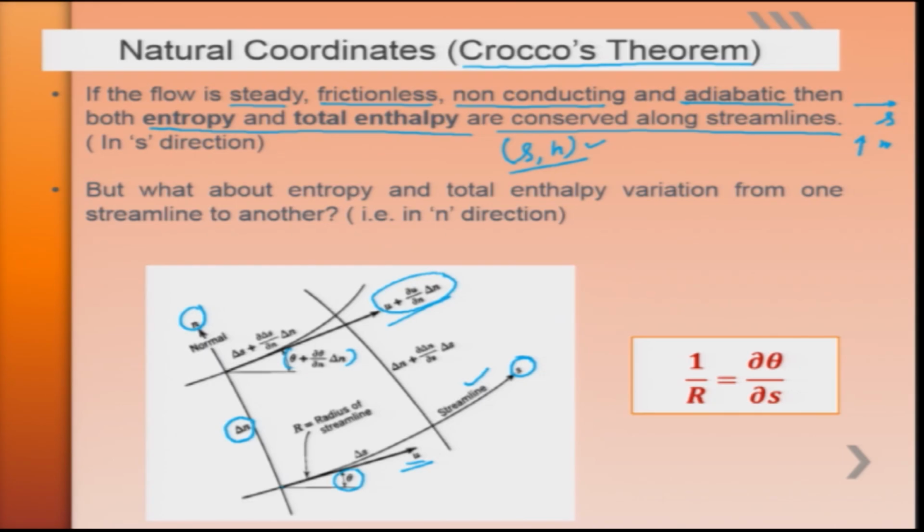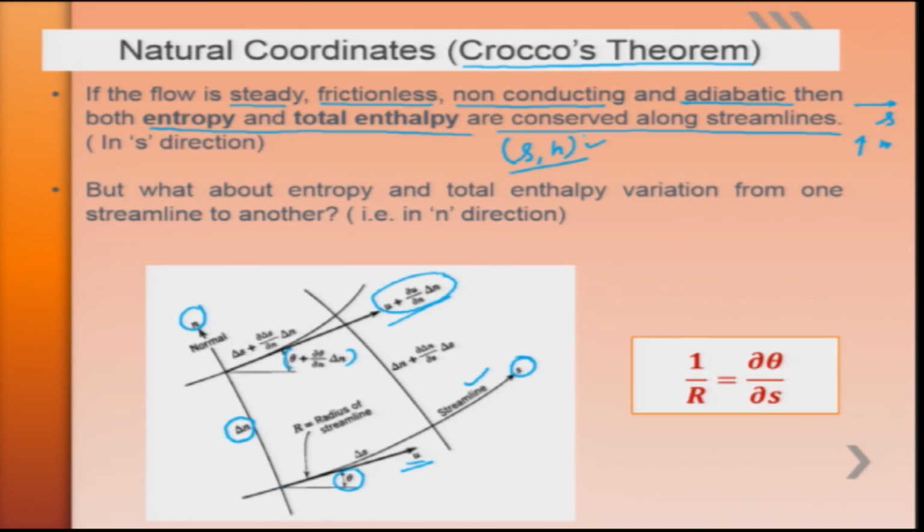Likewise this delta s over the distance of delta n will become delta s plus del delta s upon del n into delta n. Likewise this delta n will become delta n plus del delta n by del s along the streamline into delta s.